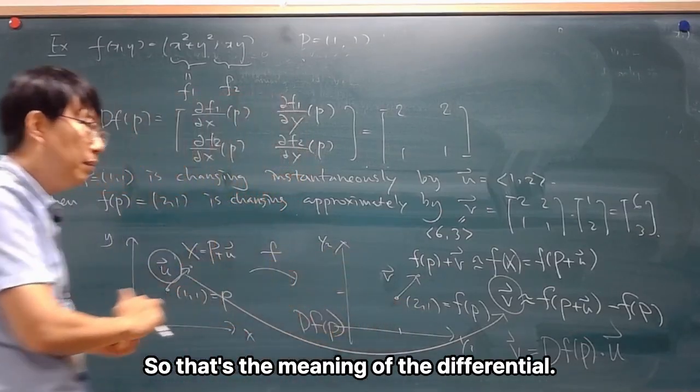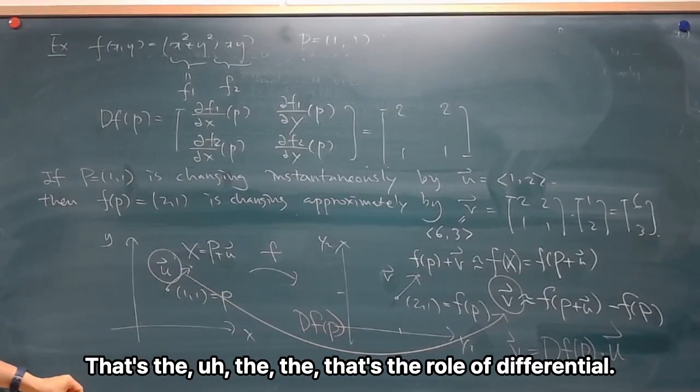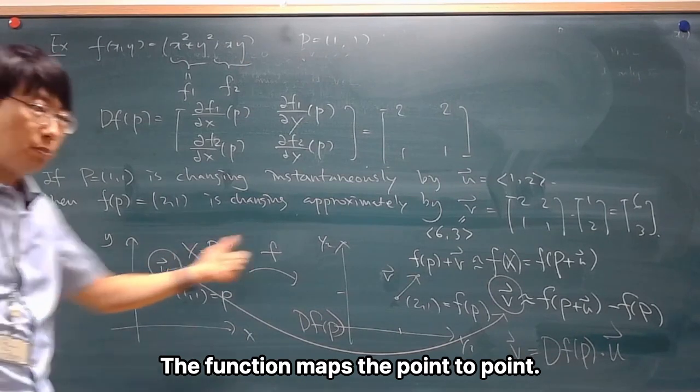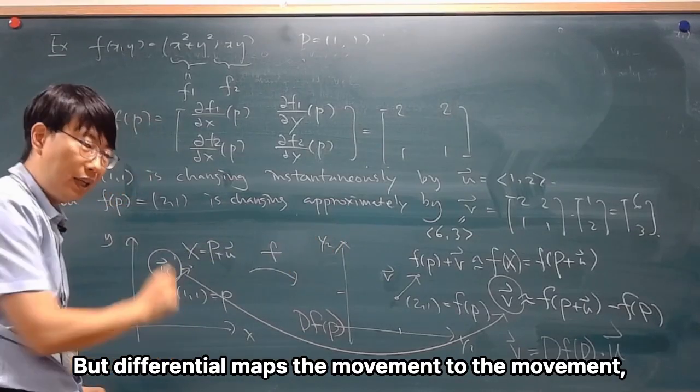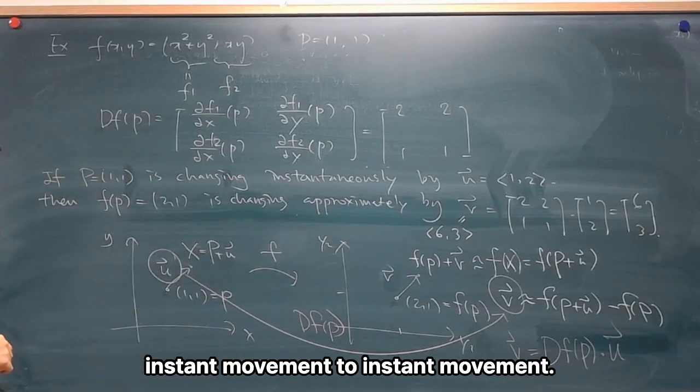So that's the meaning of the differential, that's the role of a differential. The function maps point to point, but the differential maps movement to movement, instant movement to instant movement.